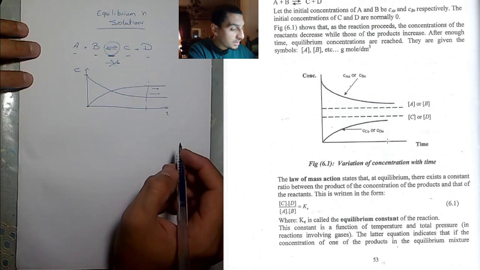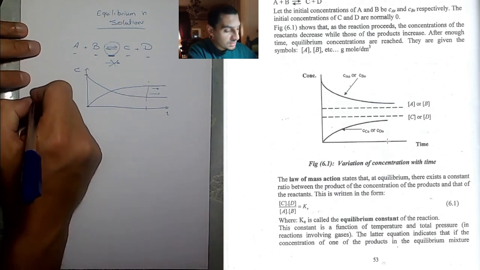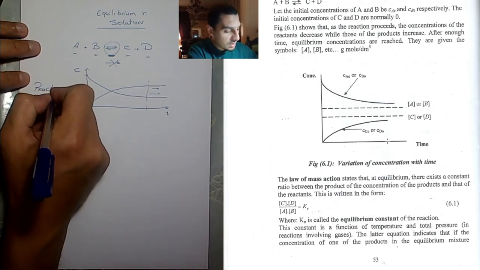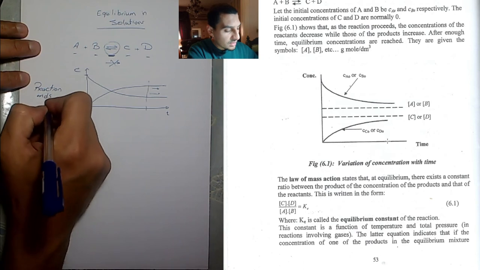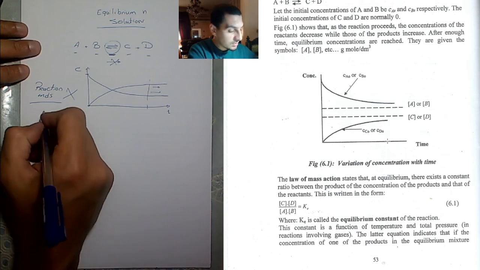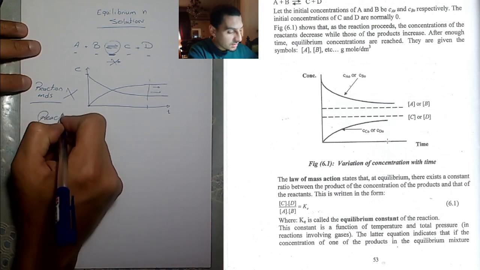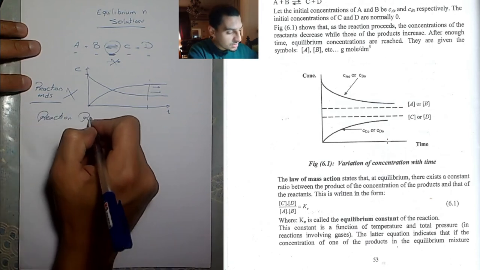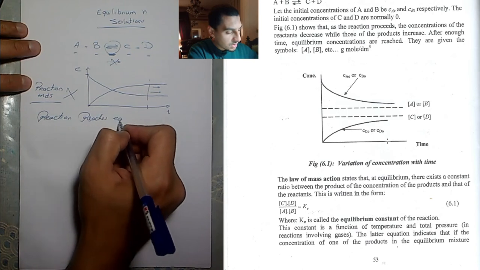The point here is that if we say that the reaction ends, this is not an accurate description of what actually takes place. What takes place is that the reaction reaches equilibrium.